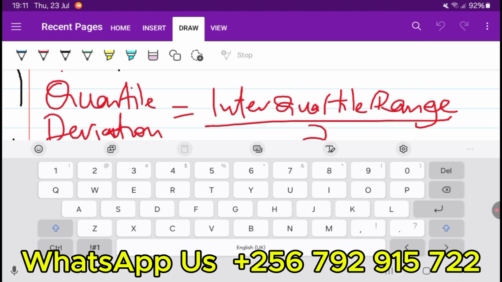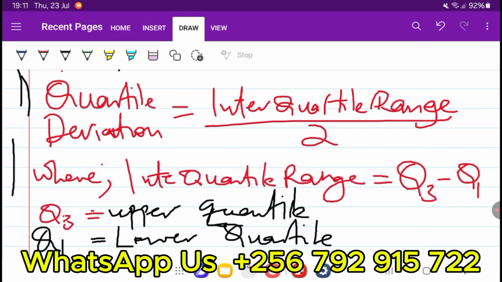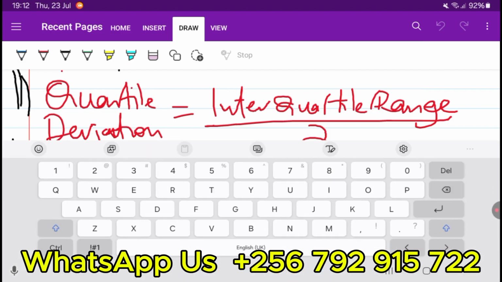Of course, we have now come across some different terminologies that we need to understand, and then we can move forward. Whenever we are talking about these quartiles, we have different types of quartiles. We have the first quartile, which is what we call the lower quartile.